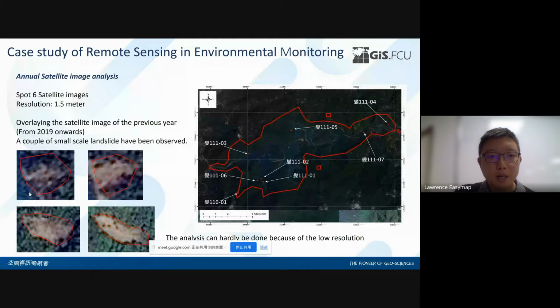On the left-hand side of the slide, you can see some areas that we circled with red lines. These are the areas where we suspect a landslide occurred during the years. However, we can see some bare land, but it is not quite obvious because of the relatively low resolution of the satellite images. So how about the UAV images?